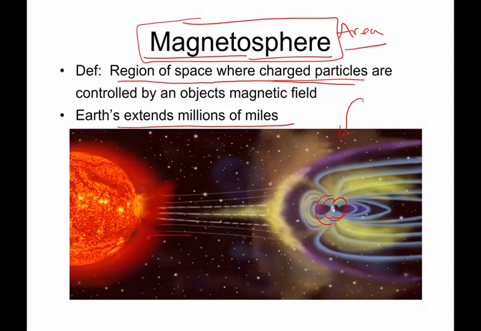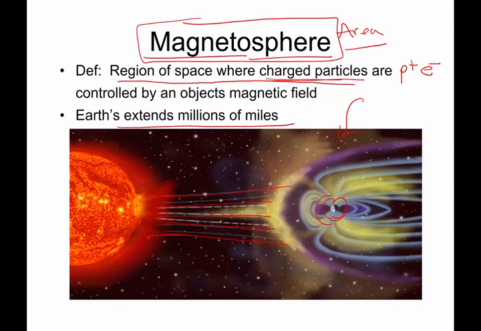The sun constantly is throwing out charged particles. And when we say charged particles, we're talking about protons, neutrons, electrons, and other tiny little bits of ions and subatomic particles. These particles are aiming past our planet.